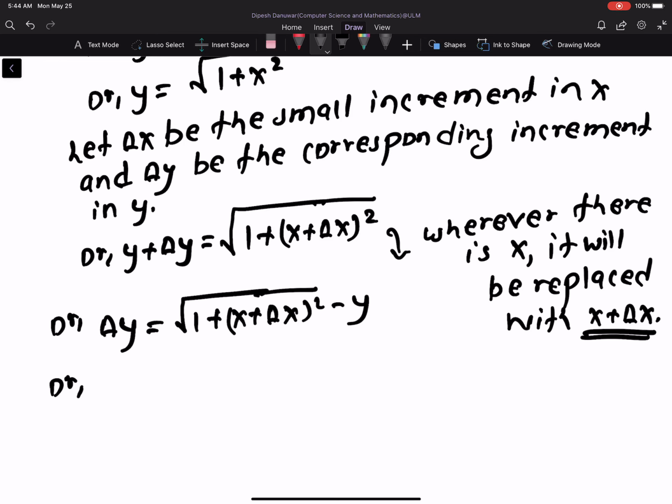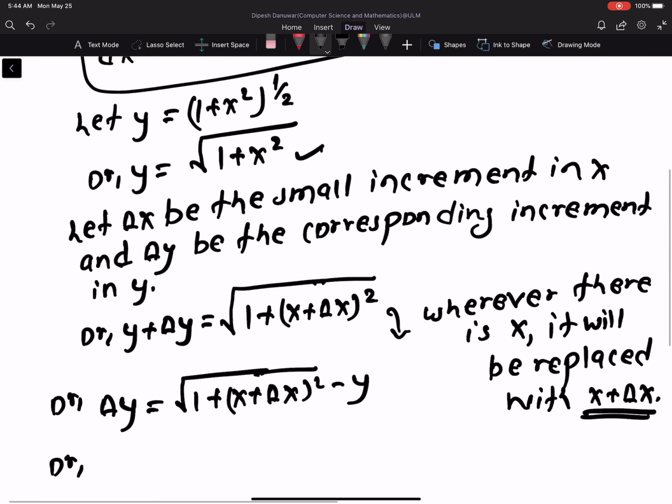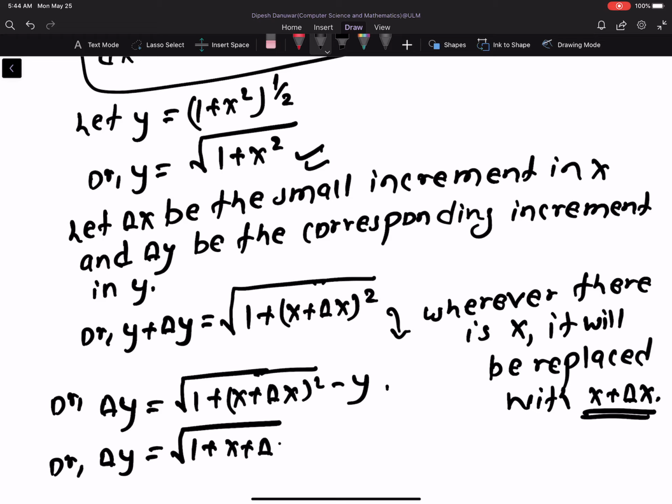Here we already got y as root under 1 plus x squared. So now replace y, and you will get delta y is equal to root under 1 plus (x plus delta x) whole square minus root under 1 plus x squared.